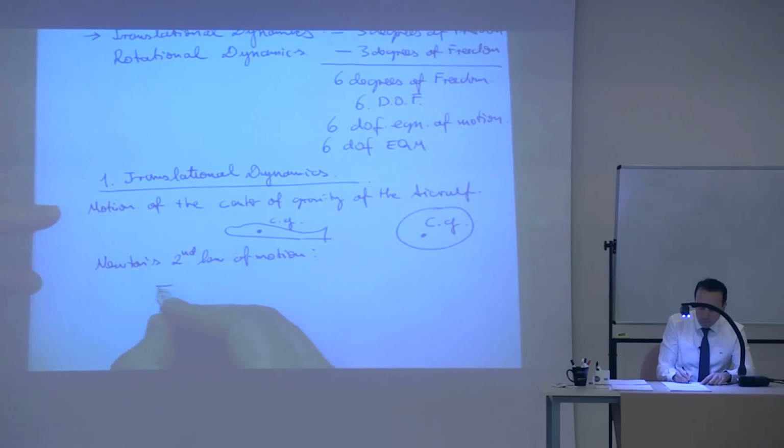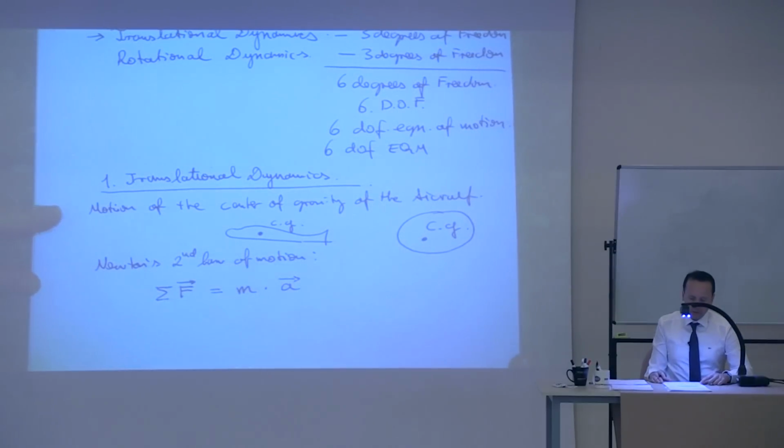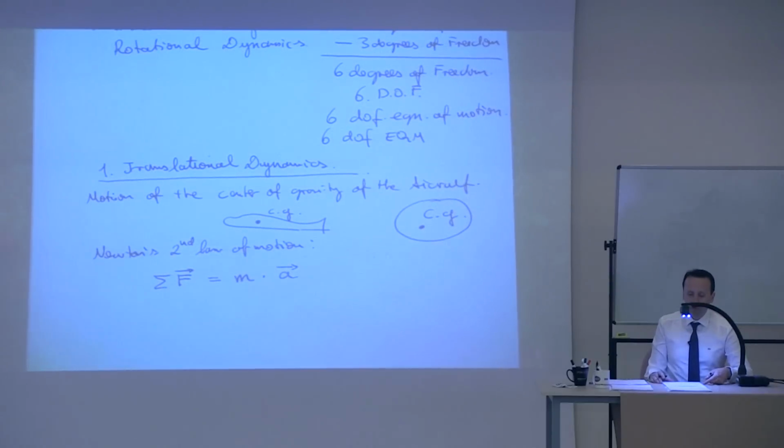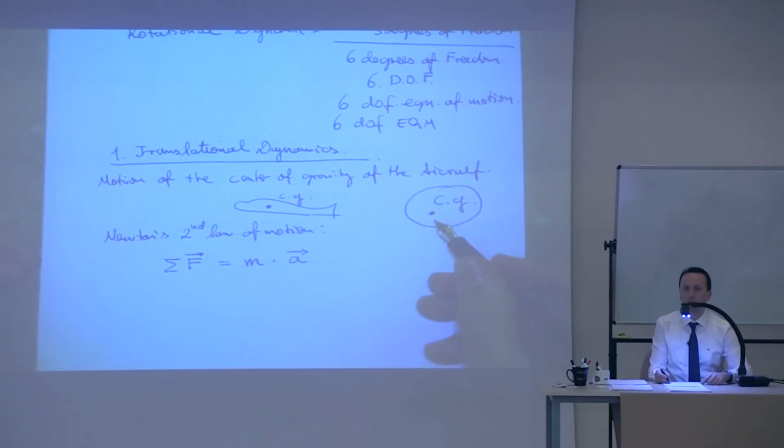And it basically states that all external forces, the combination of external forces, must be equal to mass times acceleration, right? This is the famous formula. And if you look at this equation, there is no 3-dimensional body. There's no rotation. It is just acceleration and velocity of this point. Okay? This is what Newton did.